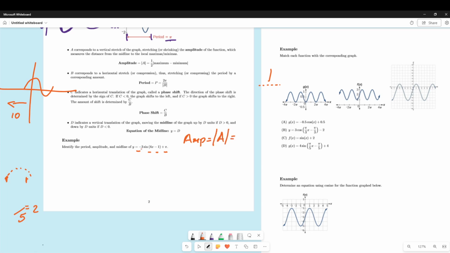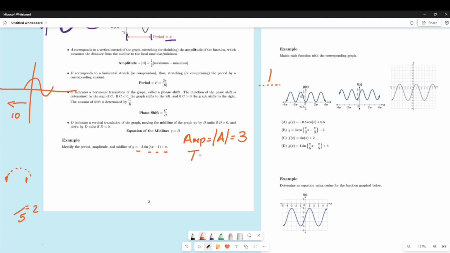Our A here is -3, so the absolute value of -3 is +3. The negative does mean that we will start going downward instead of upward from wherever our phase shift is if we were to graph this, but that doesn't change the fact that the amplitude is strictly +3.